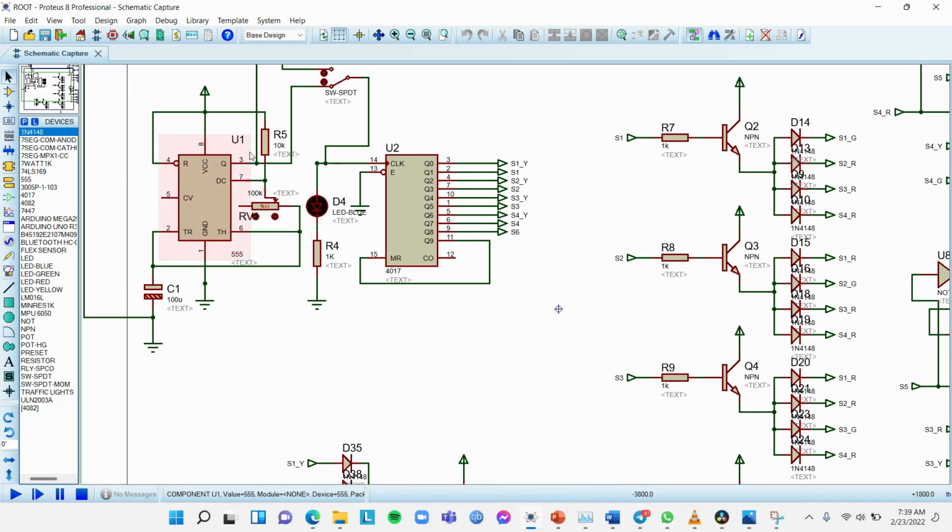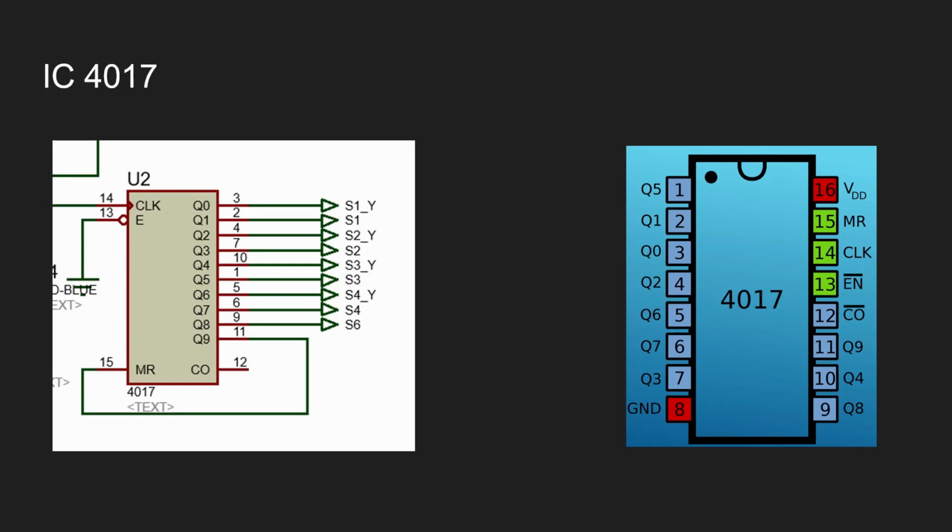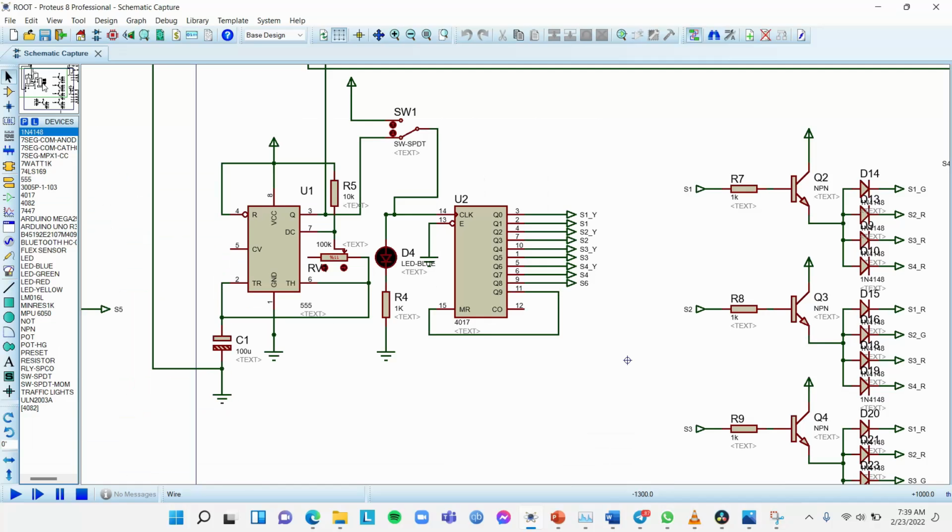Then the output of IC 4017 is switching from S1 yellow to S1, then S2 yellow to S2 and like this up to S4, with an extra port added named SP, and the reason is to control the pedestrian signal. Then we will reset the counter. With a push button, we can also control the output of IC 4017, and it is connected with the clock, the pin 14.